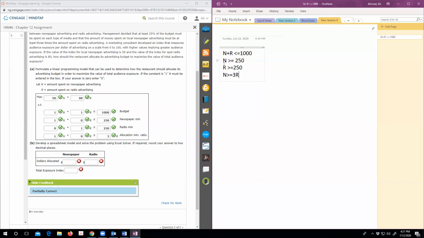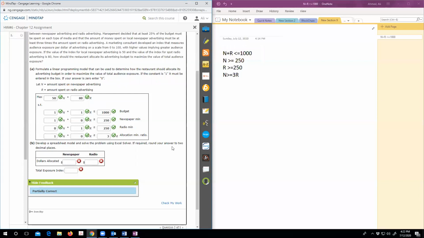It's not between the budget and N and R, it's between N and R together. The first 3 were with the budget: N and R total cannot be greater than 1,000, N has to be at least 250, R has to be at least 250, and then N has to always be at least 3 times R. Yeah, I understand that part.